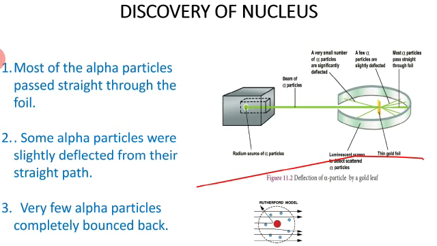He observed from that the nucleus is positively charged. Most of the alpha particles passed straight through the foil, some were slightly deflected, and very few were completely reflected at 180 degrees.